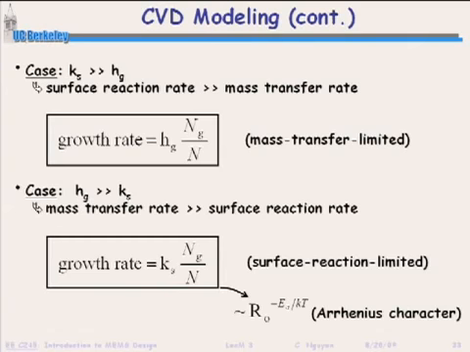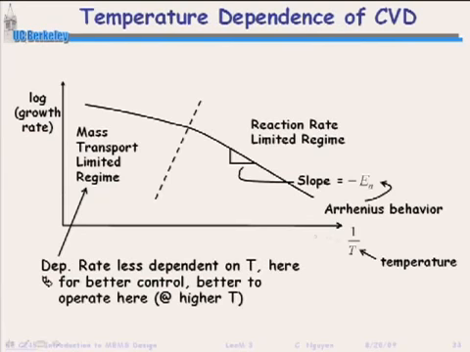So you can actually plot curves like this, which is sort of log of growth rate versus 1 over temperature. And you could see that at low temperatures, which is this far along the axis here, you get an Arrhenius relationship where the slope conforms to the activation energy. But at higher temperatures then, the reaction rate is so fast that now you're limited by how fast the reactants can get to the surface.